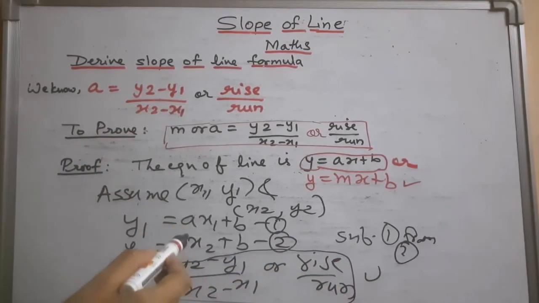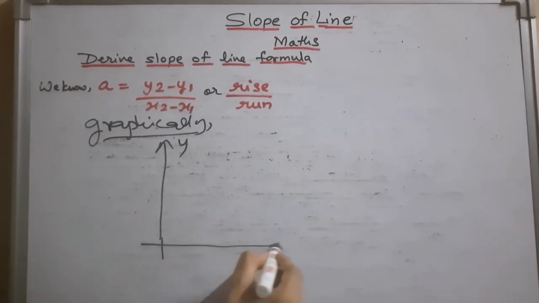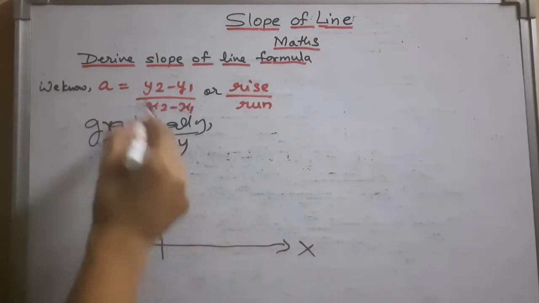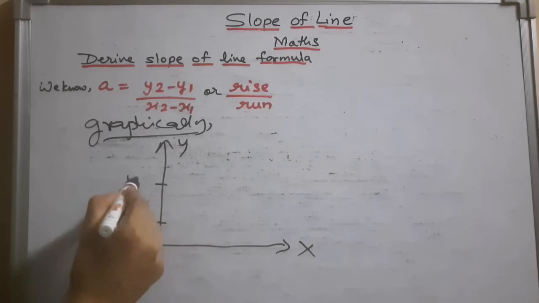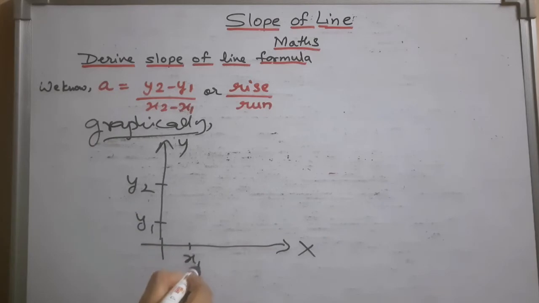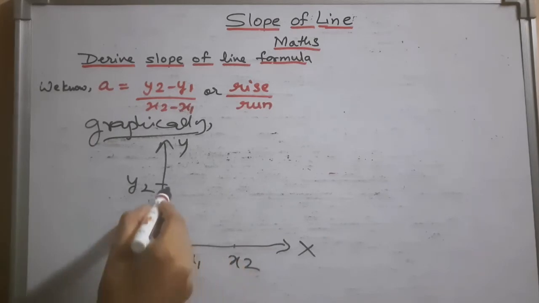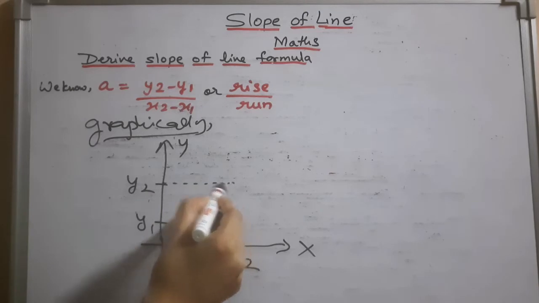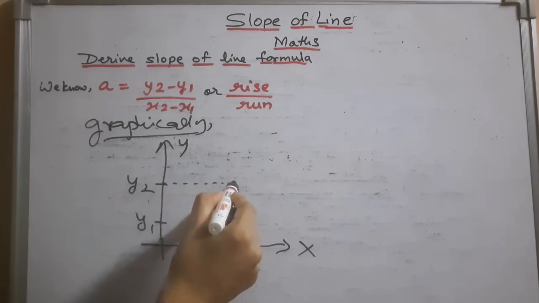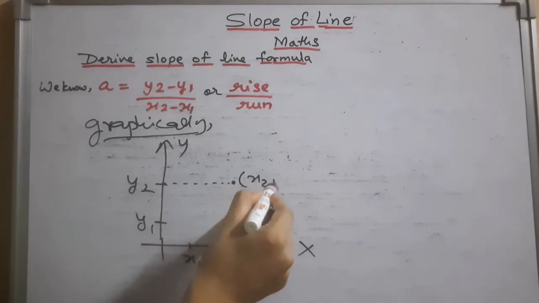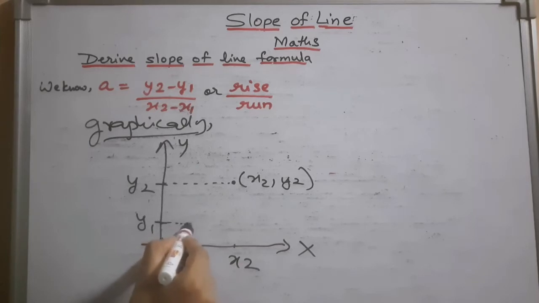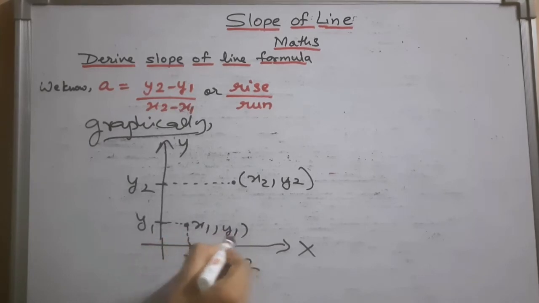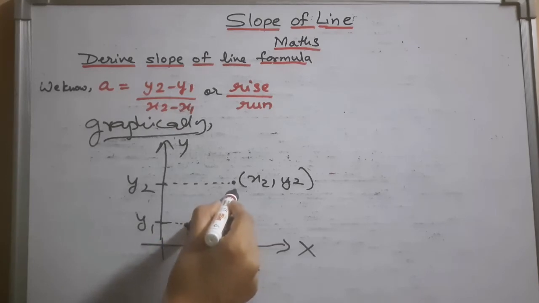Now how can we explain this formula graphically? Now let's draw a graph. This is our x-axis, this is y-axis. Now here y1, y2, x1, x2. So we have to plot the point x2, y2. First point will be here. Second will be here, x1, y1. So how can we draw it?